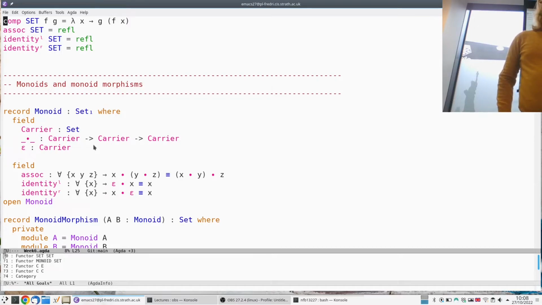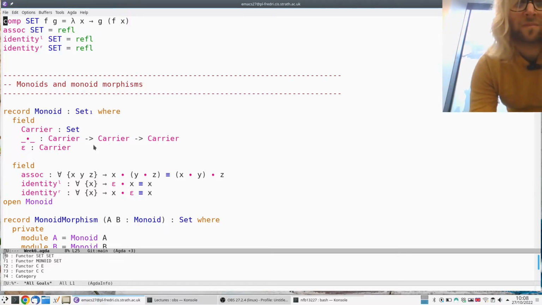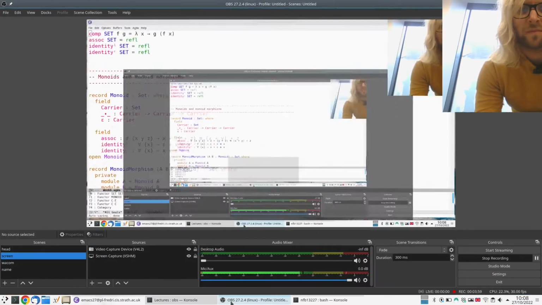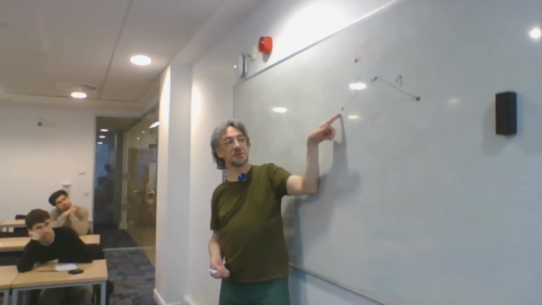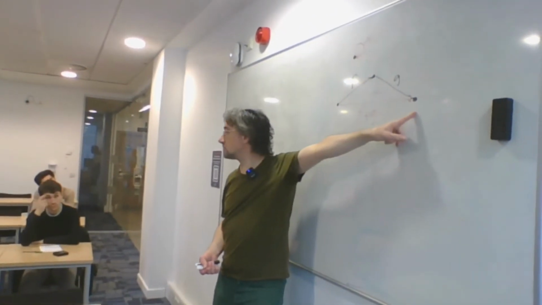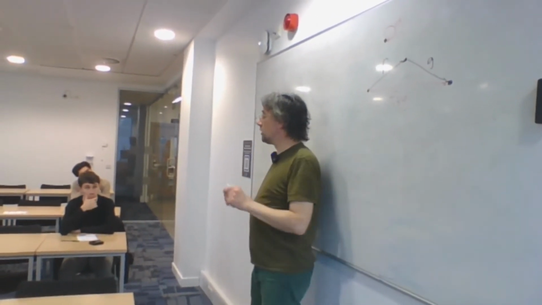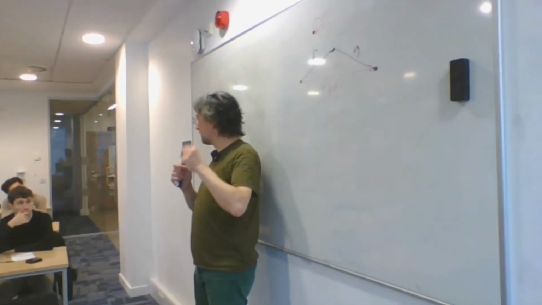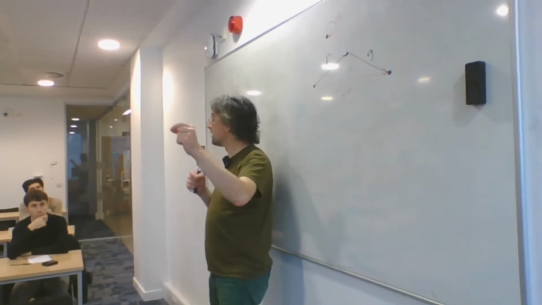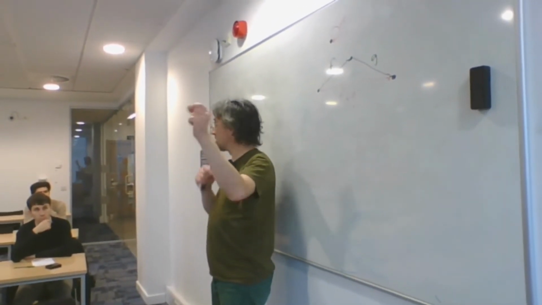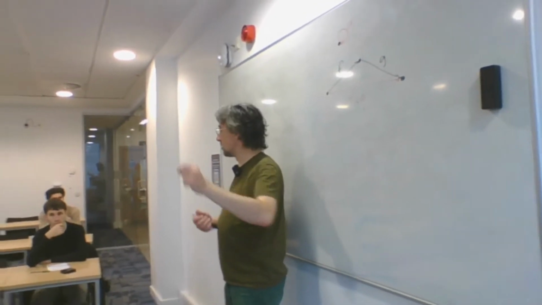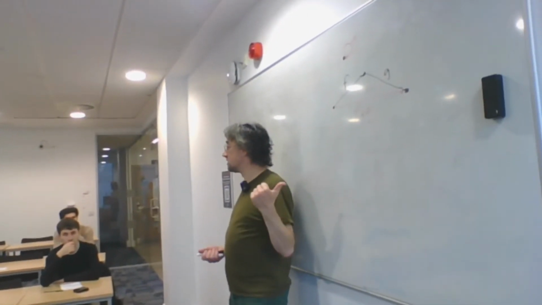So what I'm saying here is that the path from here to there by following F to here and then G is equal to the composite FG, because the paths start and end in the same place. So that's in a diagram like this. When there is more than one way to get from A to B, you're claiming that it's the same way. So that's how you state an equation as a picture.